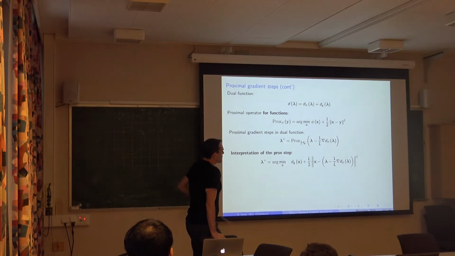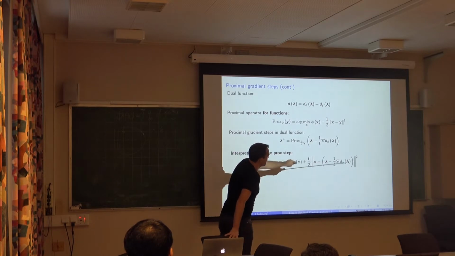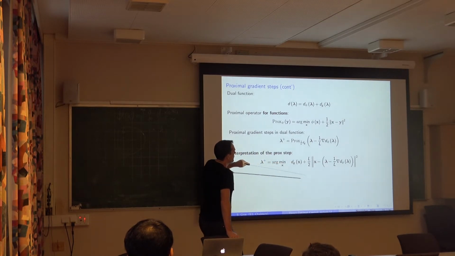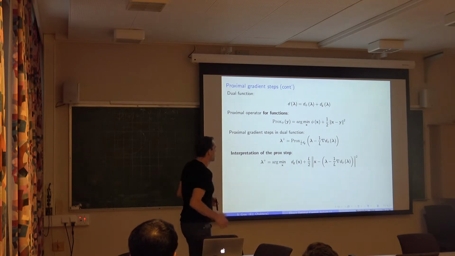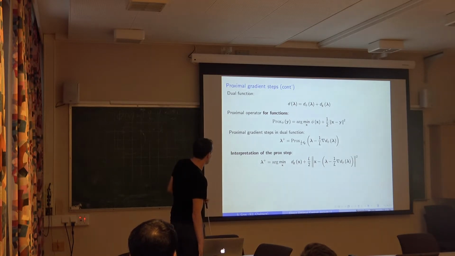In some sense, essentially take the gradient step on lambda and then try to find a lambda that is as close as possible to what you want here, but does not make this function explode by leaving the feasible set.